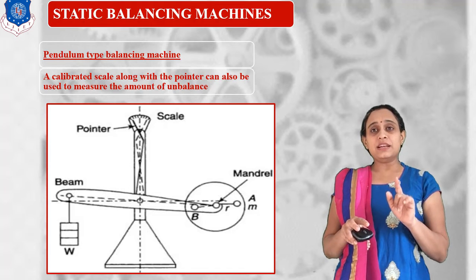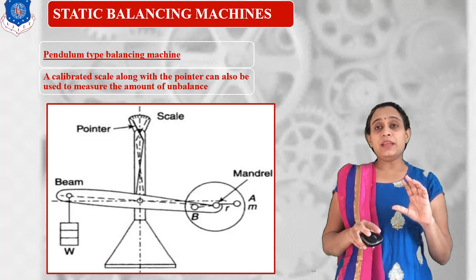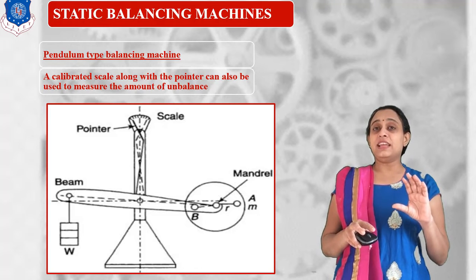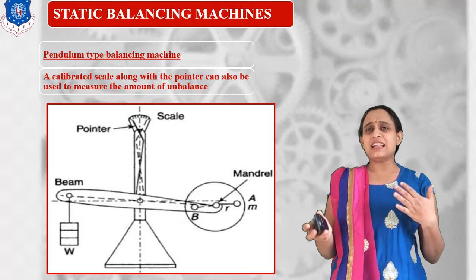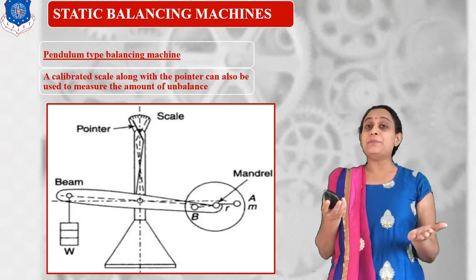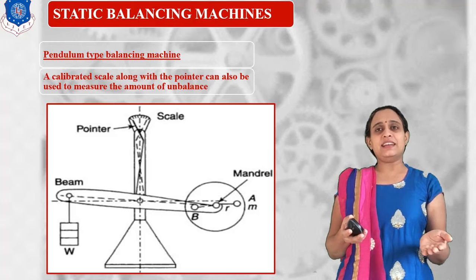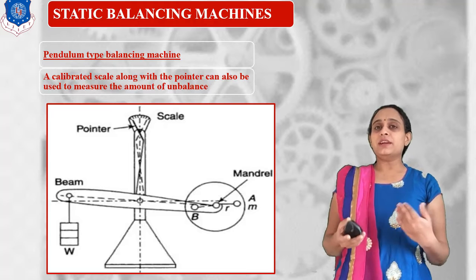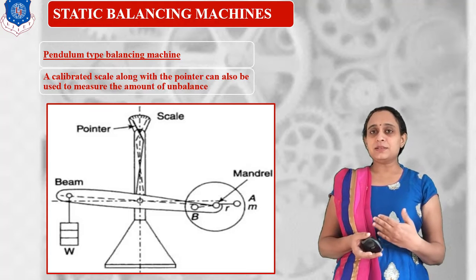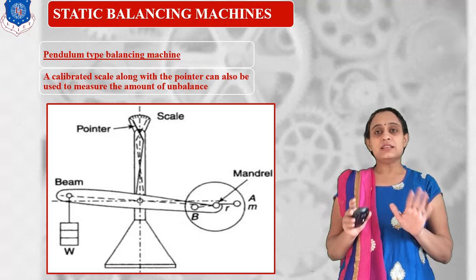At one side of that beam, we put the weight, exactly opposite to the weight on the other side. It means we need to balance the mass of the system. Whatever the weight at the right hand side, we put the same at the left hand side. Both the masses should be similar.